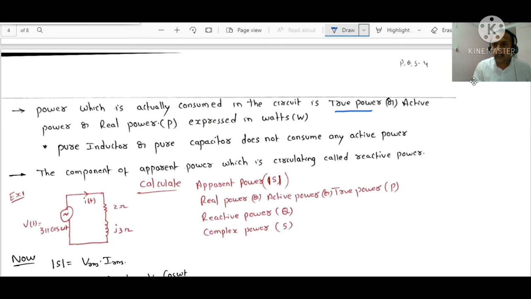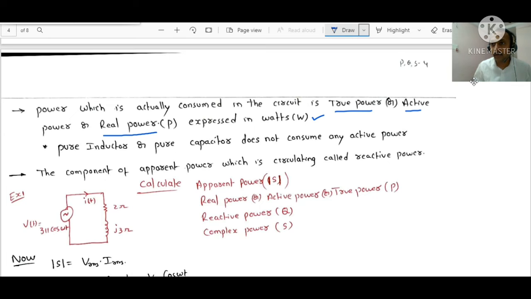True power, in some textbooks they will write it as active power, or in some textbooks as real power. All these three words are correct. Expressed in watt. Clear? Now, at the starting stage itself we discussed that a pure inductor or pure capacitor does not consume any active power.